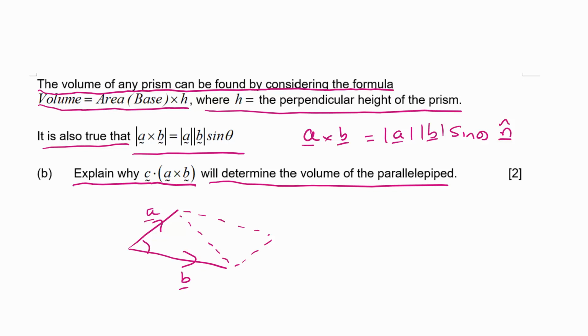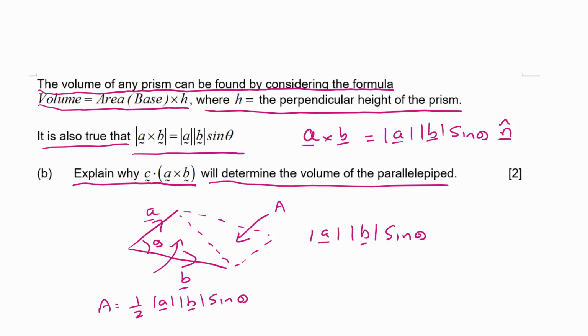And the area of this triangle is a half mod A mod B sine theta. And this one is also the same. Therefore, mod A mod B sine theta is equal to the area of the base parallelogram.